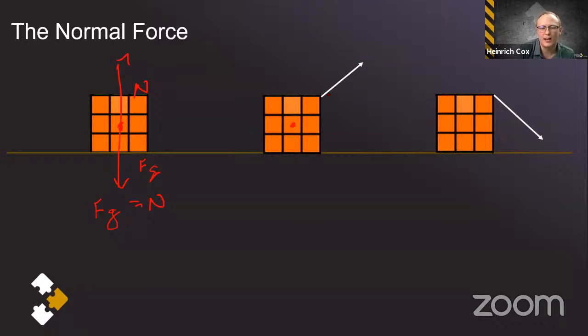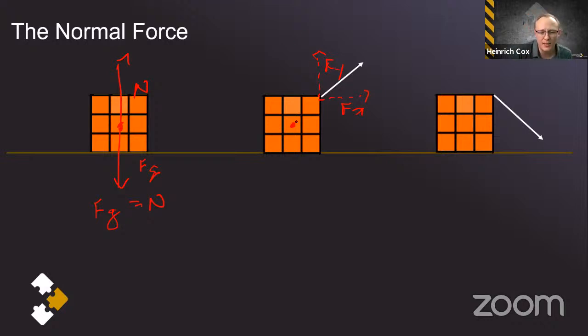Okay, but let's say, for example, we've got this cube here. Now, this cube has got an upwards applied force acting on it, which means that there's an x component, right? And there's going to be a y component, right? Now, again, this cube isn't moving, which means by Newton's first law, the net force acting on the cube is 0.